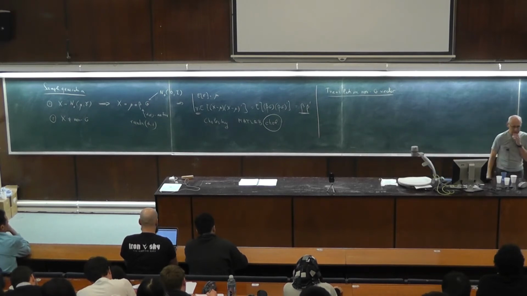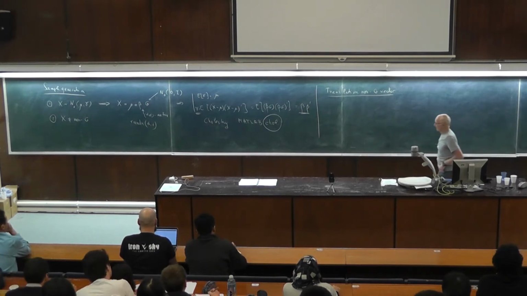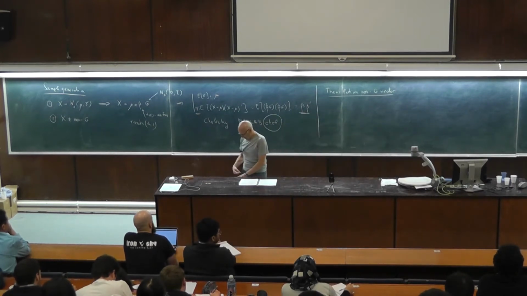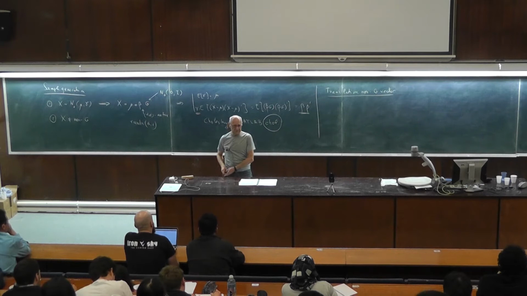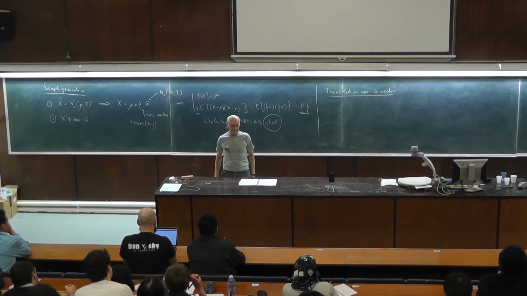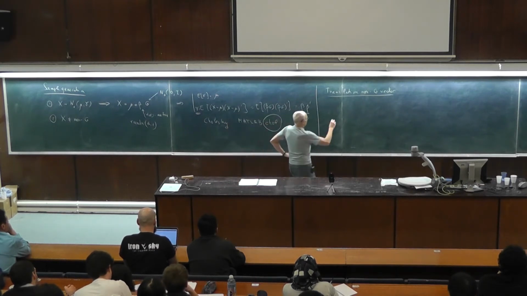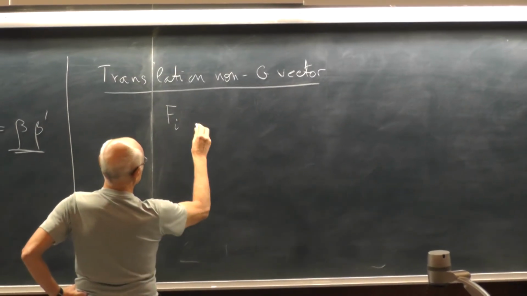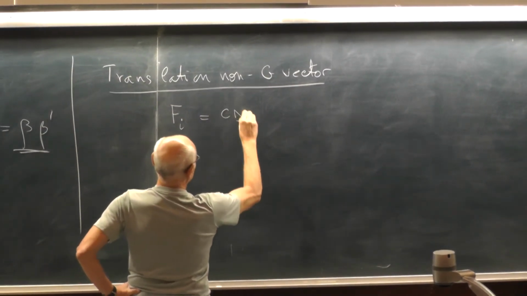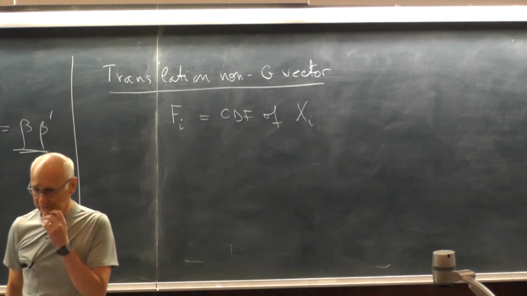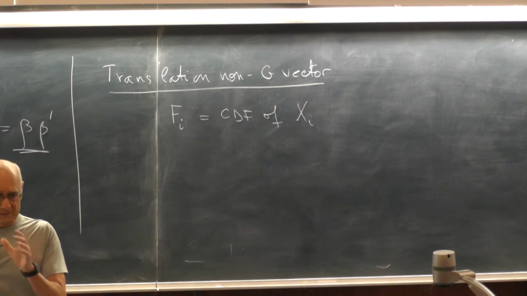And these vectors are defined in this way. Suppose you want to produce a sample of such a non-Gaussian vector that has specified marginal distribution. That is called F_i, the CDF of component i of X. So you want to have that.